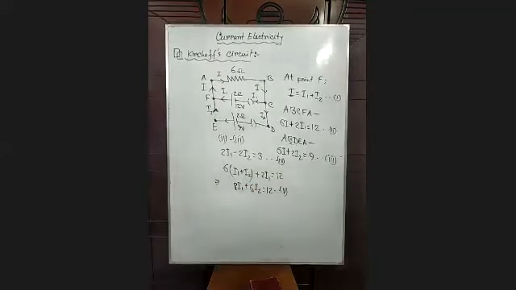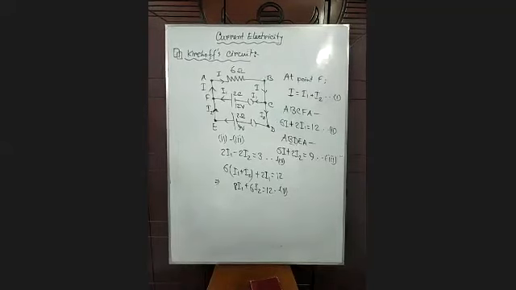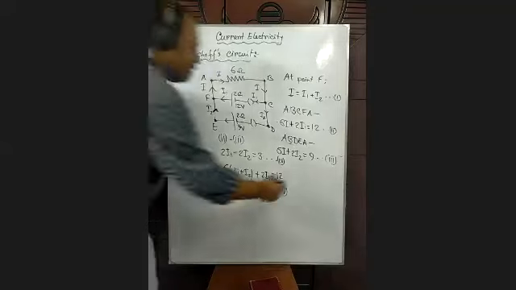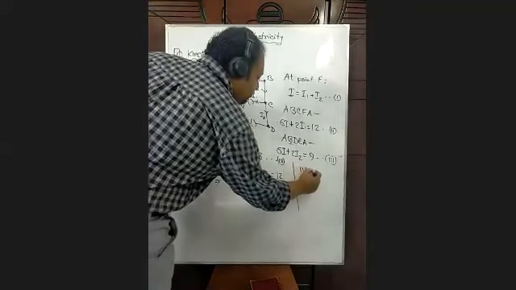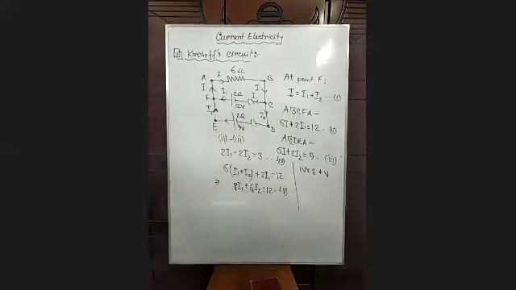Now, if I solve equation 4 and equation 5, I can get the values of current I1 and I2. I think you can solve equations 4 and 5 now. It's an easy one. If you multiply equation 4 by 3 and then add equation 5, you can get one value.